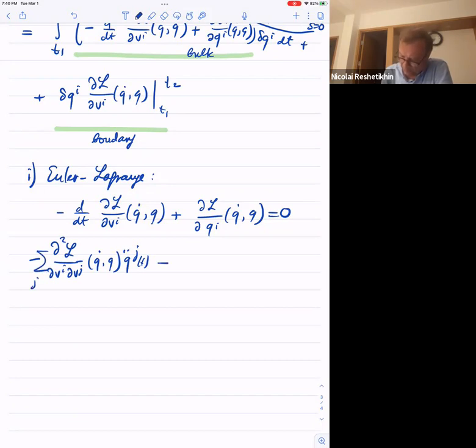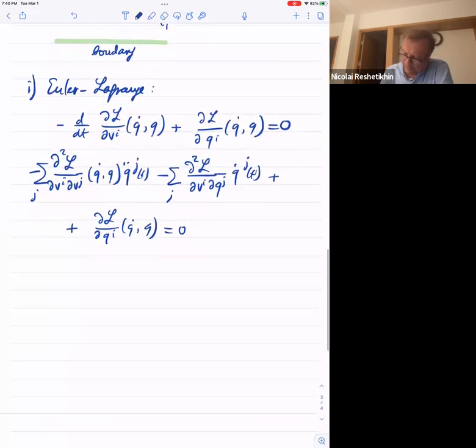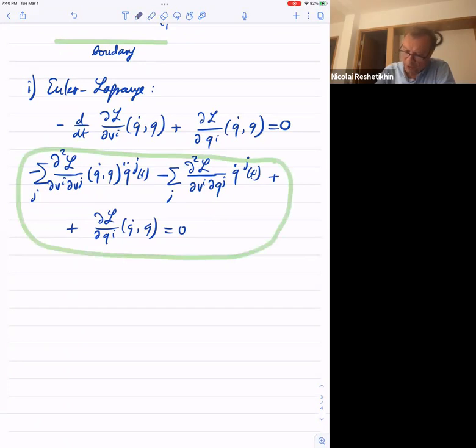Minus, when I differentiate q, I will have the mixed derivative. Again, sum over j, dvi dqj, q dot j t, and then the last term is just as is. Okay, so this is our differential equation. It's clearly a second order differential equation.